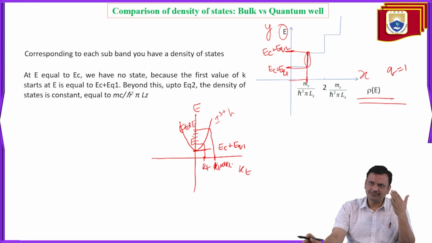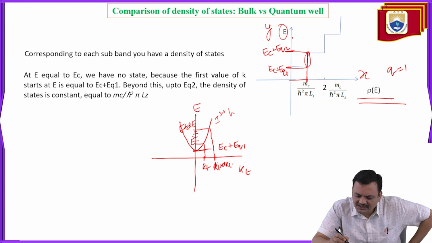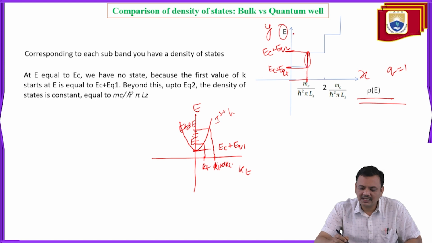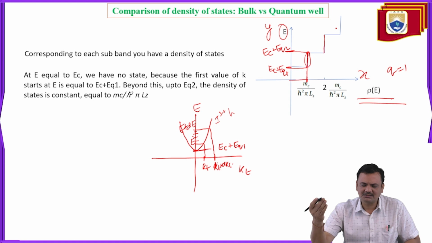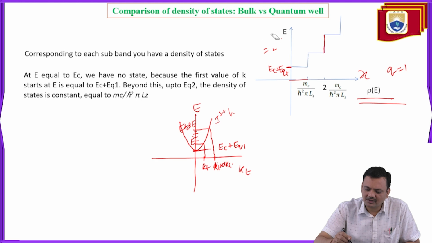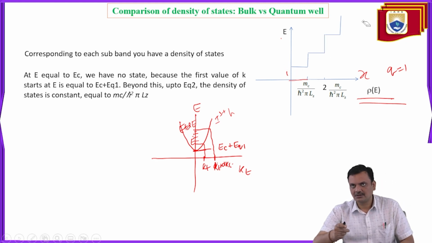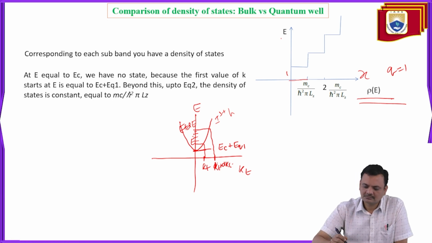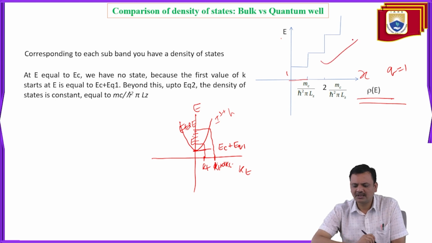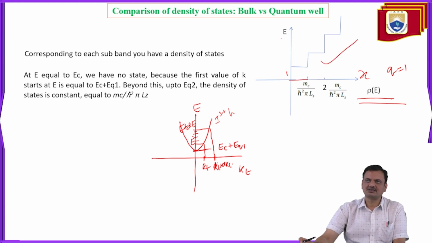Means for the first band your density of state will be constant. Then again for the next band, EC plus EQ3 also exists, and between them it will be constant again, and similarly so on. So your density of state diagram for a quantum well structure is a kind of step-like function. So this is your density of state variation in a quantum well structure.